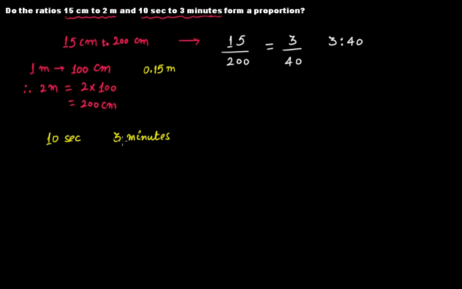Similarly, in this case, which one is the larger unit? You'll say that second is a smaller unit, minutes is larger. Let's change minutes into seconds. So if this is 10 seconds, then we know that in 1 minute we have 60 seconds.